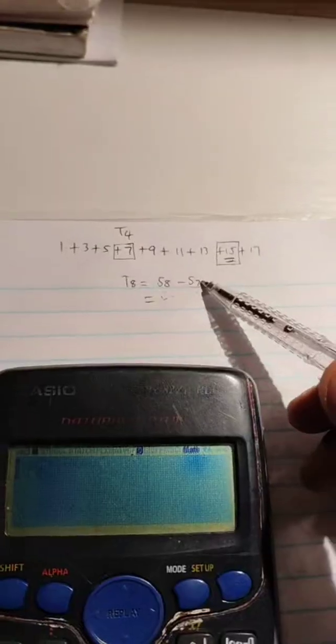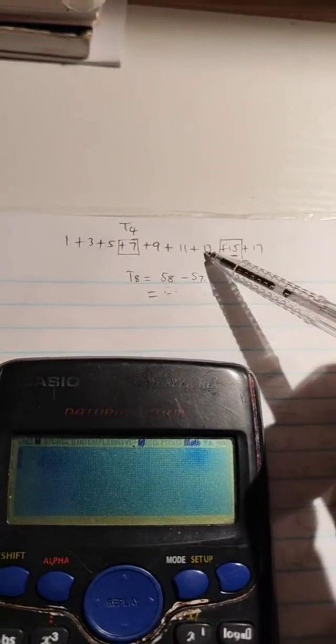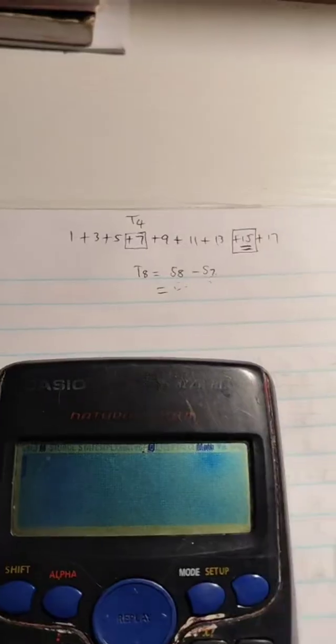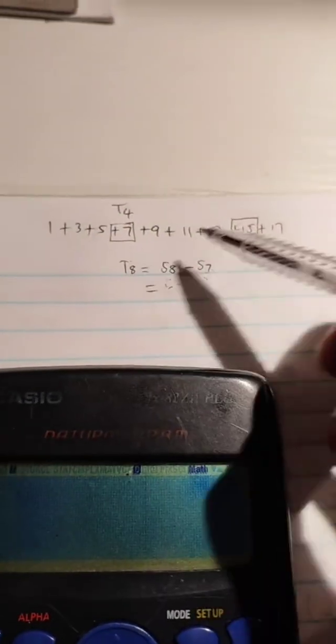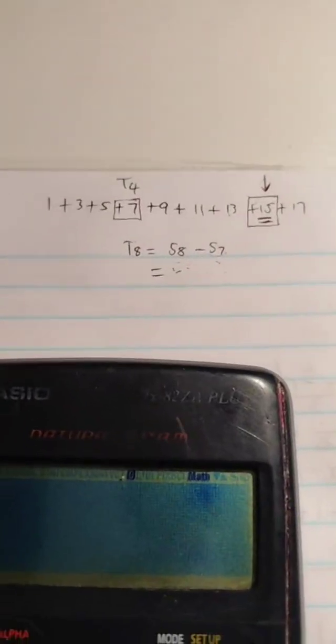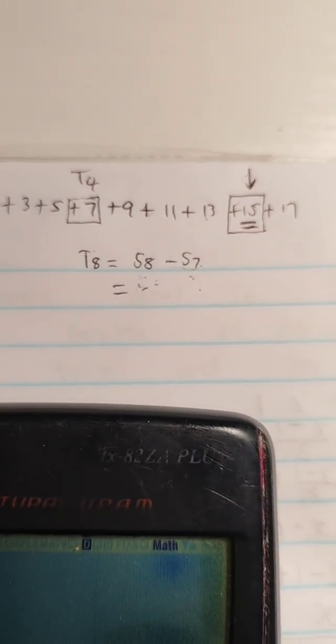Someone else, tell me what the sum of the first 7 is. You add all of these numbers up until 13 and tell me what the sum of the first 7 is. I want to subtract those two numbers and see if we get term 8. Term 8 is supposed to be 15 if this formula is actually true and it works.